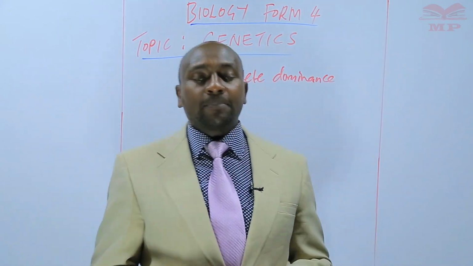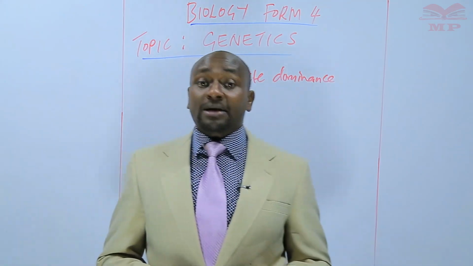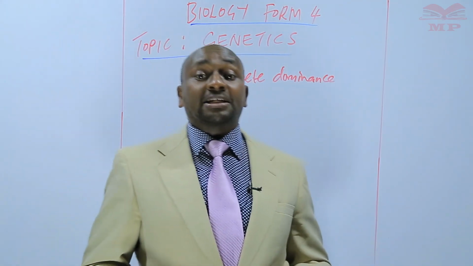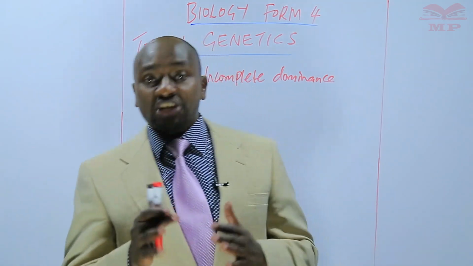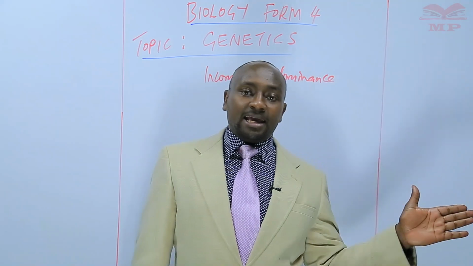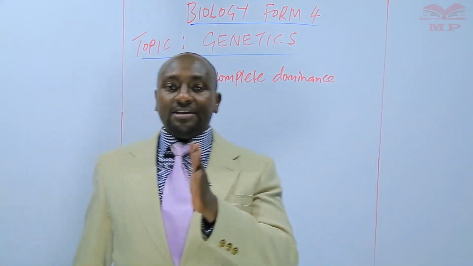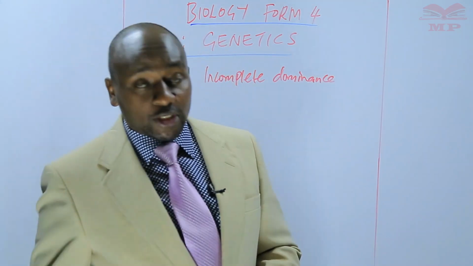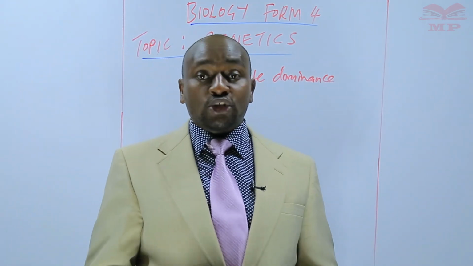Neither allele expresses itself, but what you get as the product is an intermediate trait, a trait that is neither allele A nor allele B, but is in between the two. We refer to that as incomplete dominance.